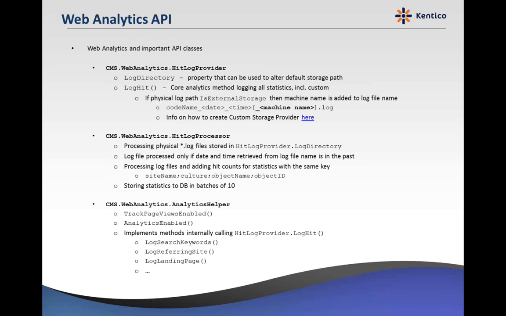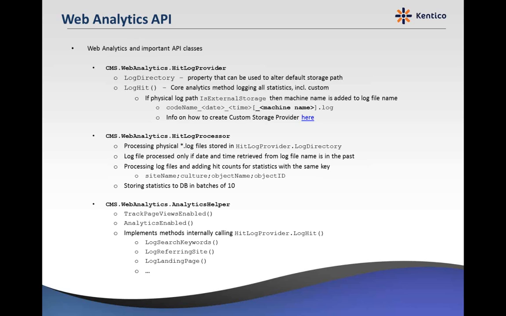You provide information about what site and culture that hit relates to, obviously only if the nature of the event you're tracking requires that. Then what object it is related to, and this method will take care of everything. It will create a log in the memory if that's used, and then eventually a log in the physical storage.